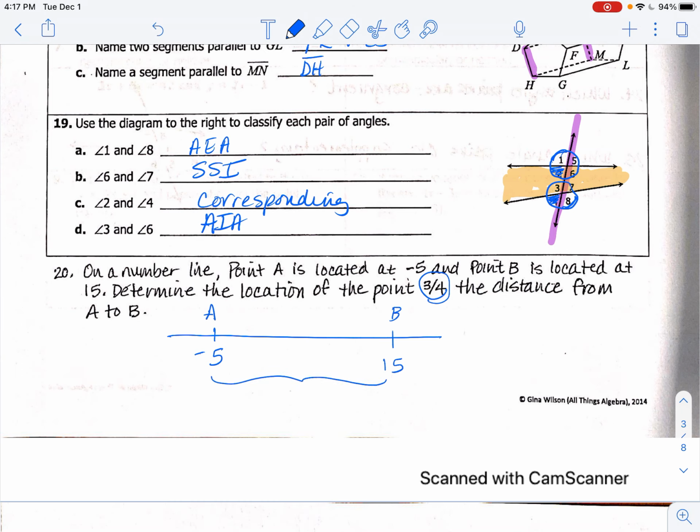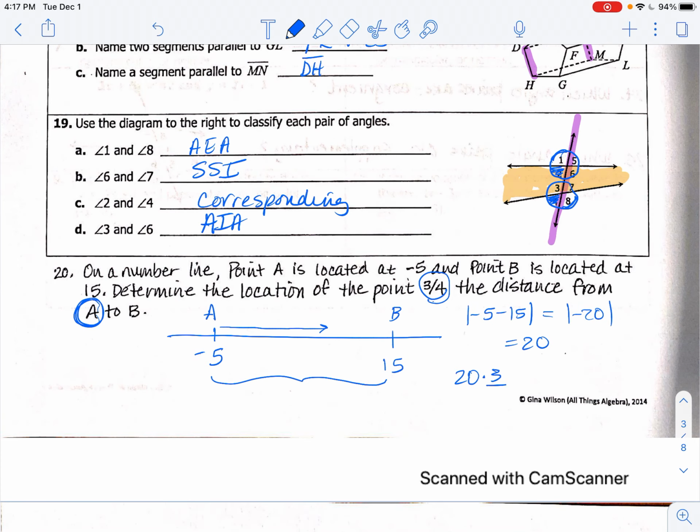Okay, well, we've got to figure out what is the distance from A to B. Well, that would be -5 minus 15, and it's a distance, so it's the absolute value of it. So this would be the absolute value of -20, or 20 units. So that's the whole distance, 20 units. If I wanted 3/4 from A, that means I'm moving this direction.